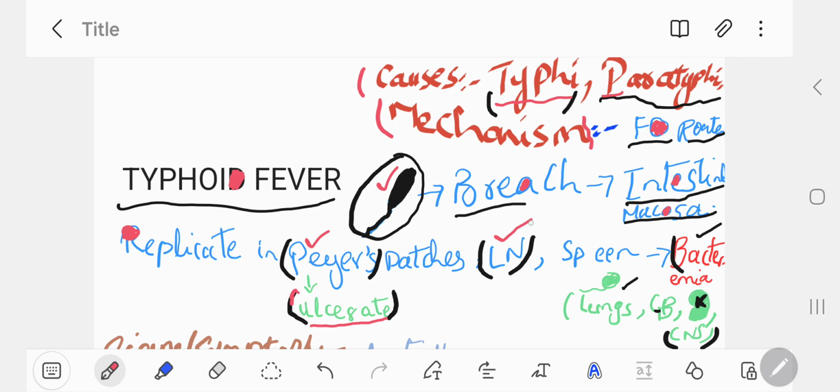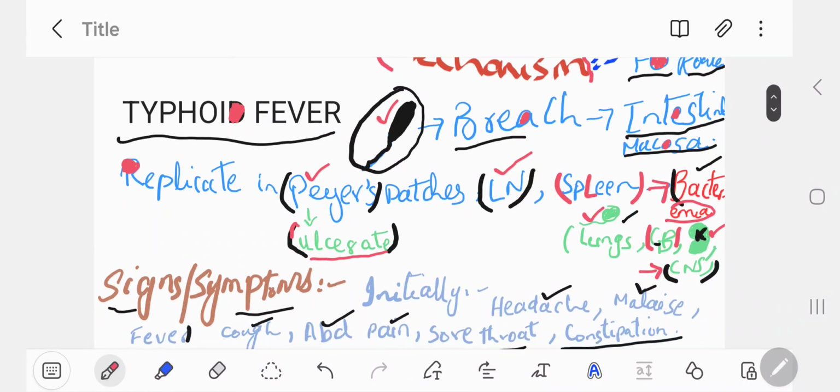It also enters the lymph nodes and replicates there and can also enter the spleen, and here it causes splenomegaly. It can also spread to other organs through the blood, known as bacteremia, and the organs that are affected by Salmonella typhi are the lungs, gallbladder, kidneys and central nervous system.